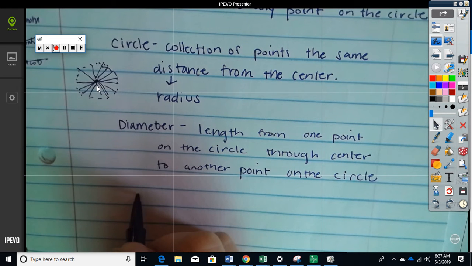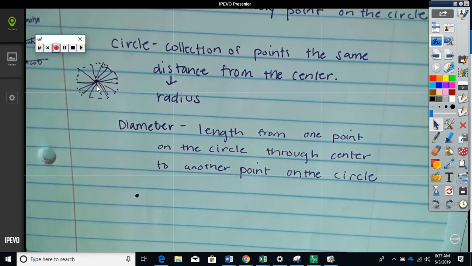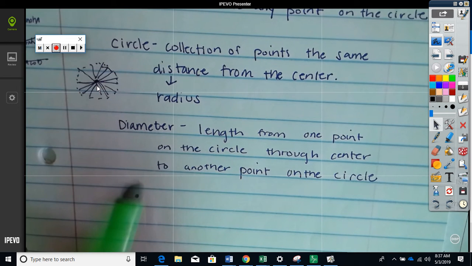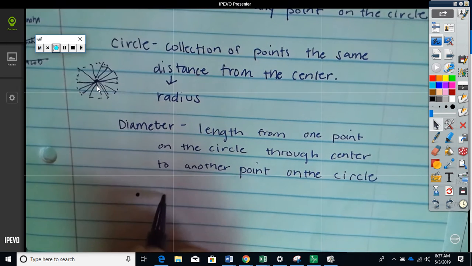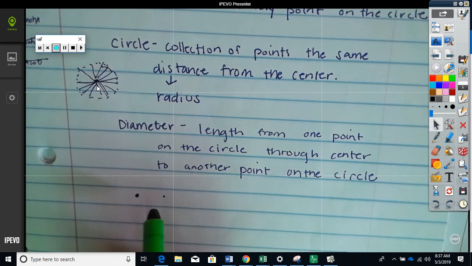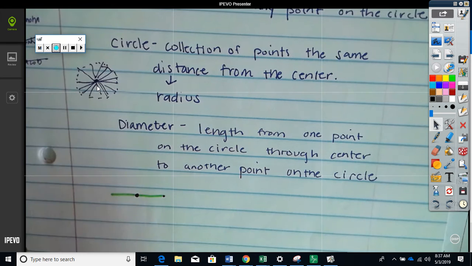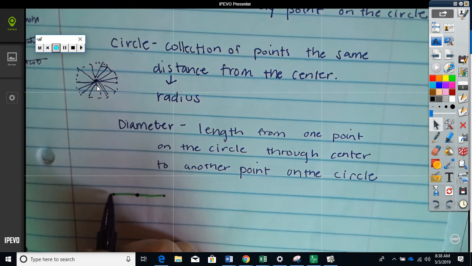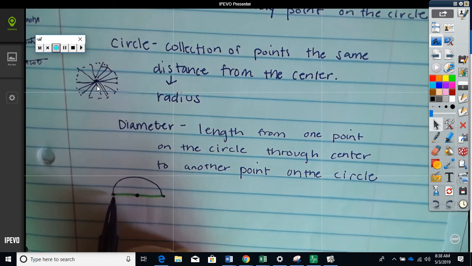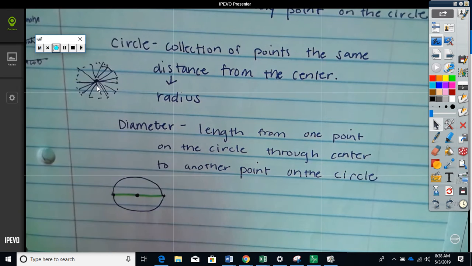So here's your center, and the diameter goes through a point on the circle, through your center to another point on the circle. It's not half the circle. I know a lot of people sometimes say it's half the circle.